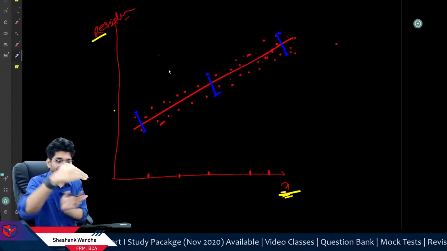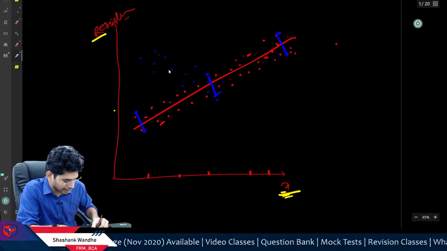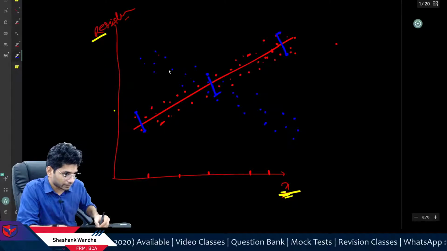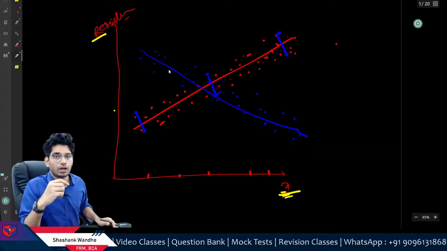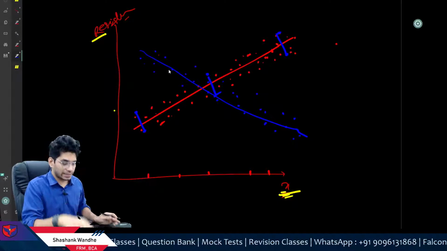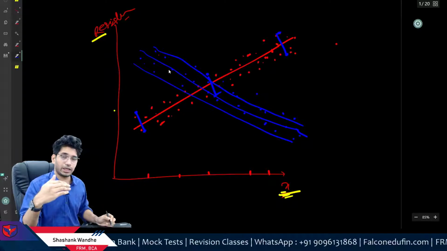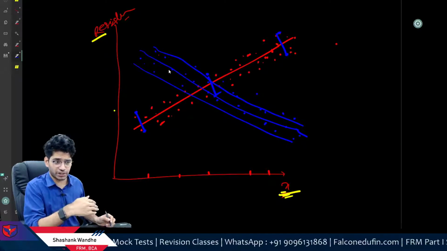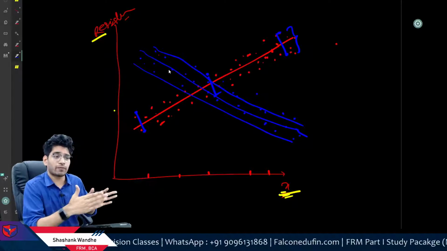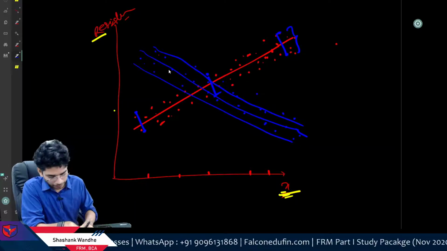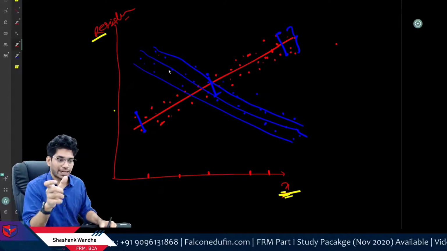It can be increasing, it can be decreasing. If you get a graph like this, which is a decreasing graph, don't worry, this is still a constant variance across the independent variables or the observations. As long as the variance of residuals is constant, we call it homoskedastic.